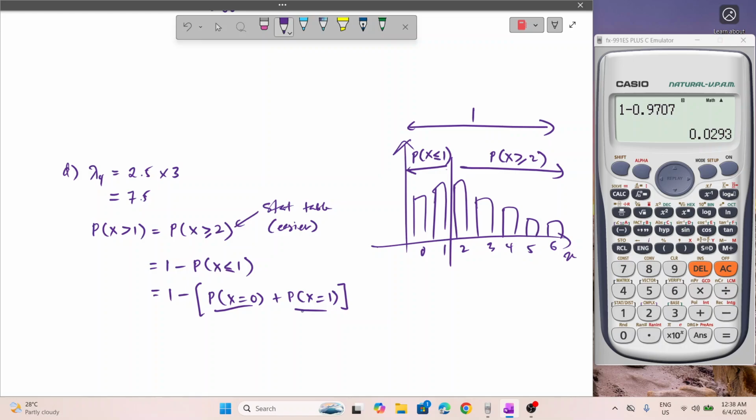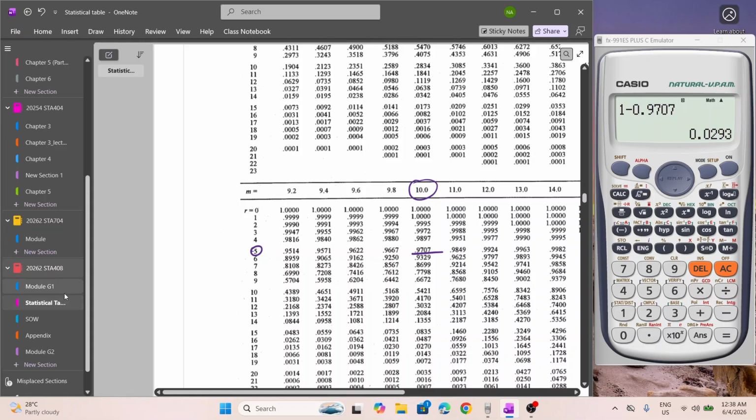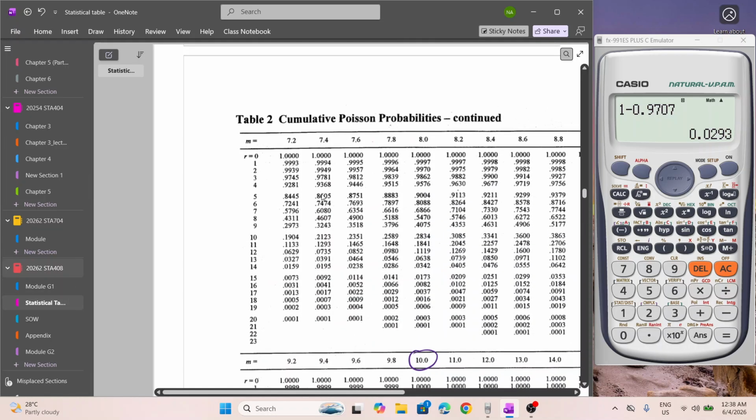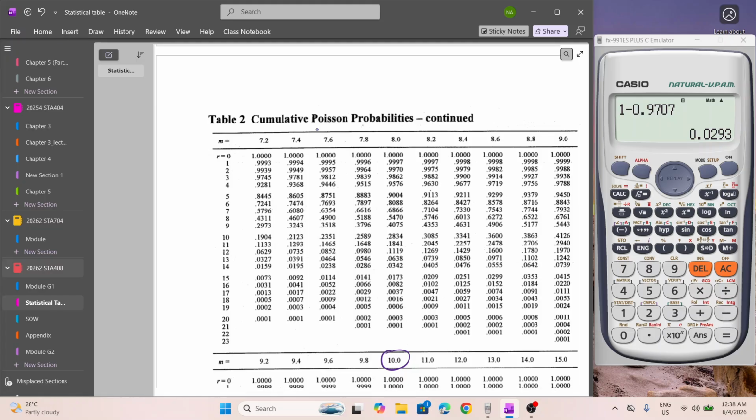This is by using the formula, but if you use the statistical table, of course, we can get the answer. Oh, this is interesting because 7.5 is not in the table. In this kind of problem, you can use interpolation to find the value for 7.5.